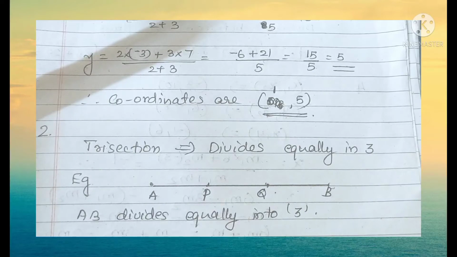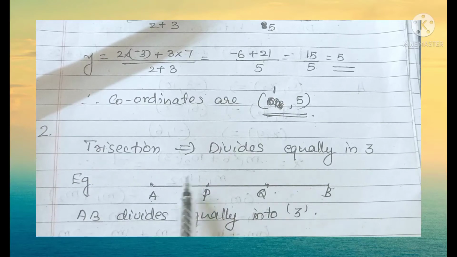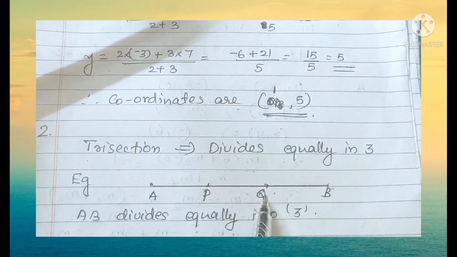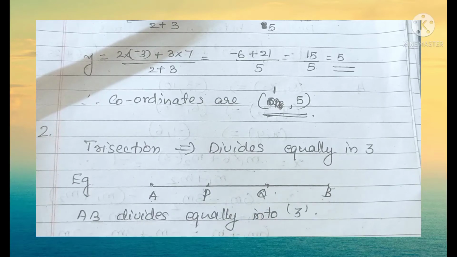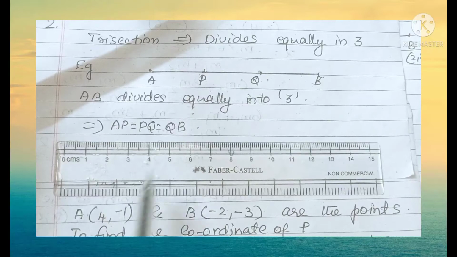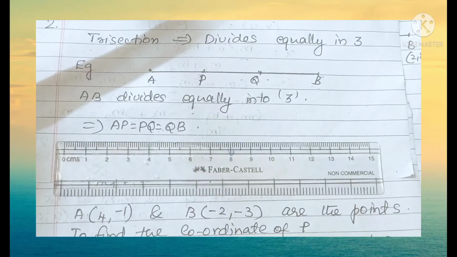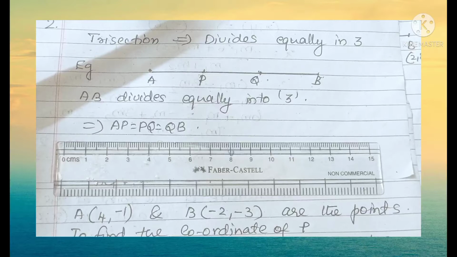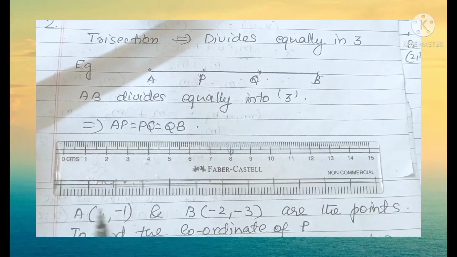Then what will be the ratios? Here AP is to PB is 1 is to 2. AQ is to QB is 2 is to 1. Using that ratio, we want to find the coordinates of P and Q.